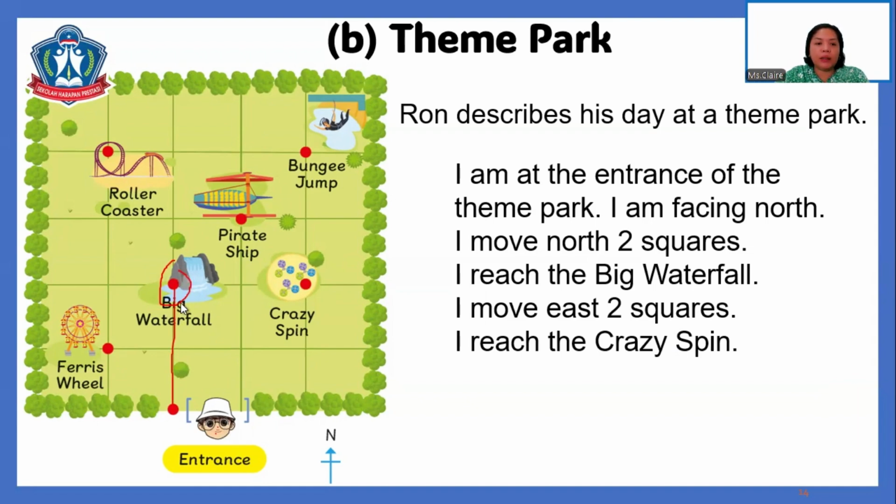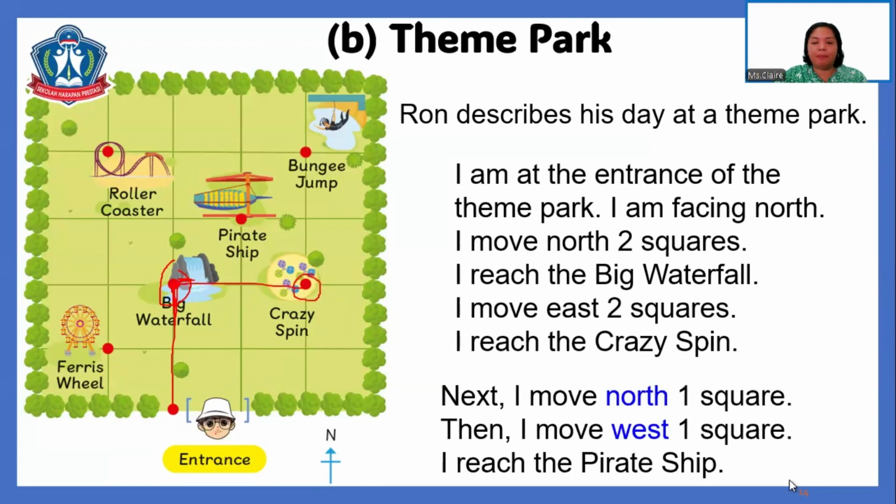I move east 2 squares and I reach the crazy spin. But before he moves here, he turned to the right. That is a quarter turn clockwise, because he moved his body to the right side. Then he moves, and he is now in the crazy spin.